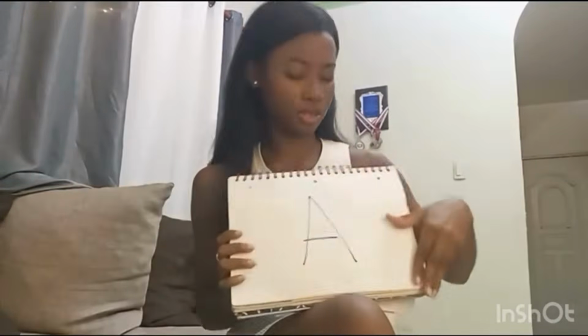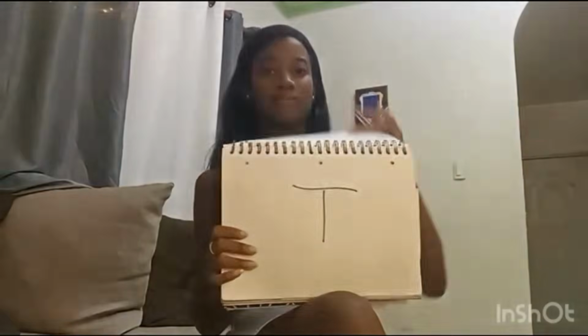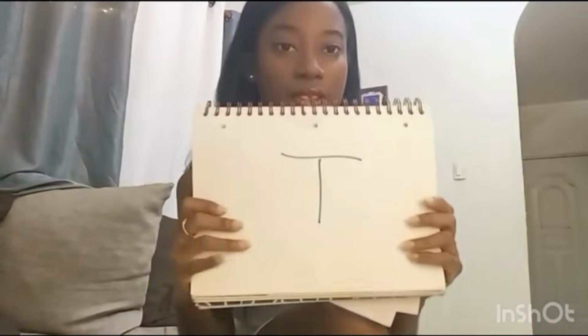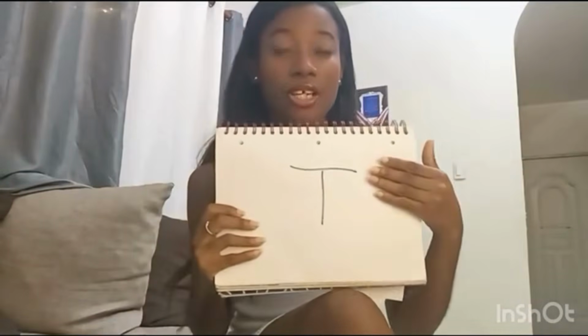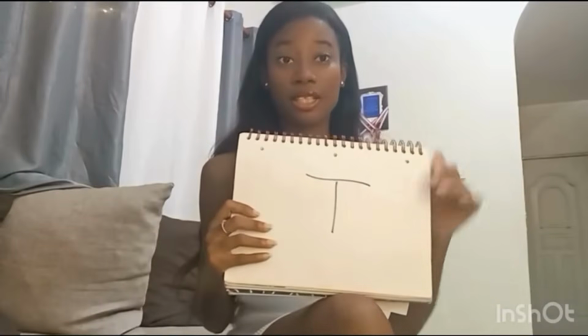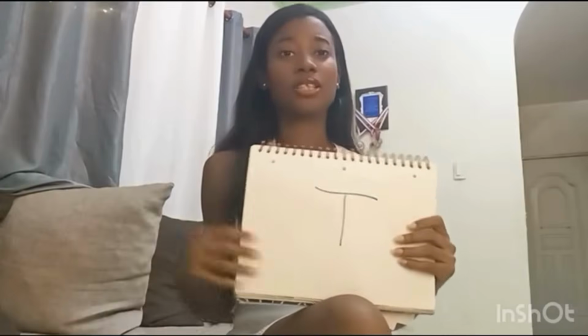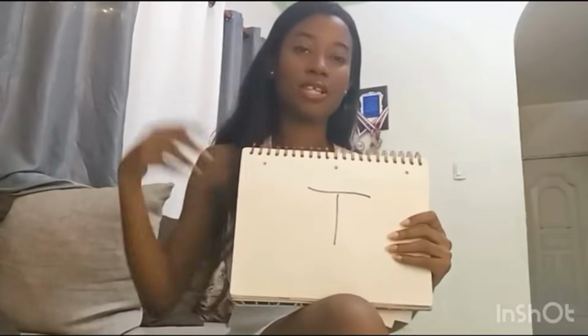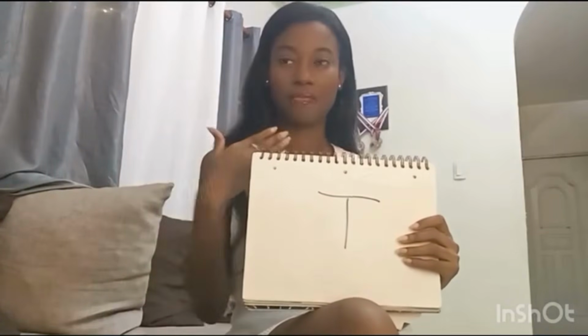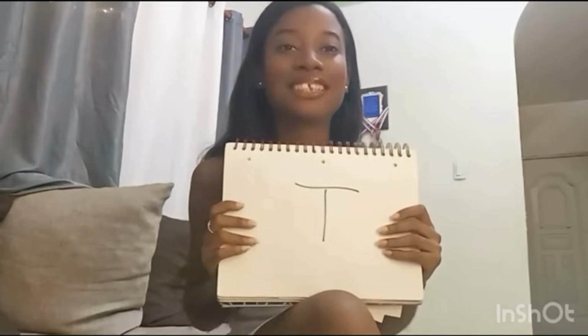But what happens when we do this? This letter here is a consonant. Then the pronunciation is different. Why is it different? Because we have an obstruction in the lips.